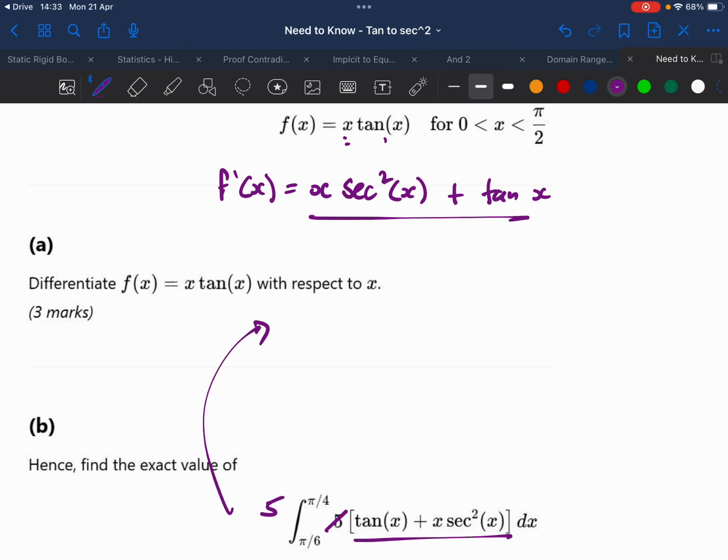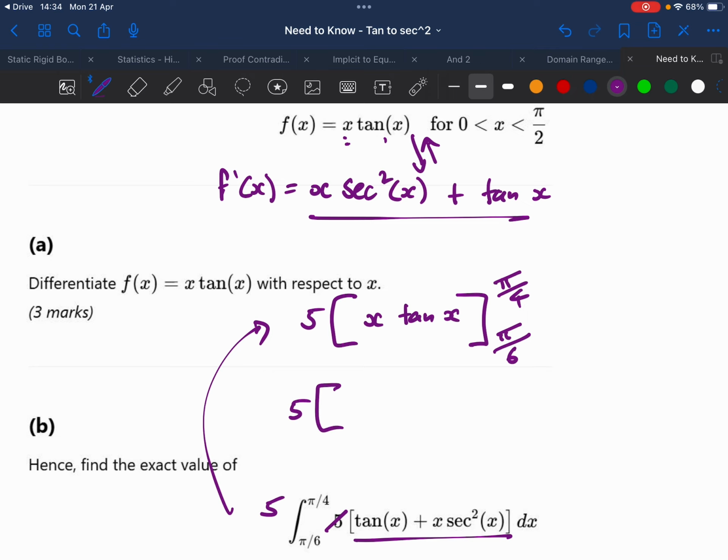So I will have 5 lots of, since we differentiated here, let's use it backwards now, 5 lots of x tan x at those limits of pi over 4 and pi over 6. We're going to sub in the results, just to make it nice and clear.